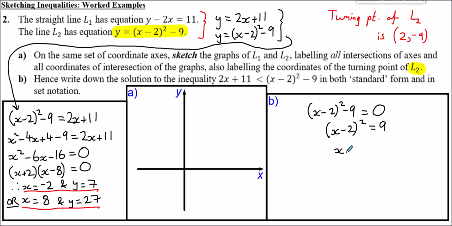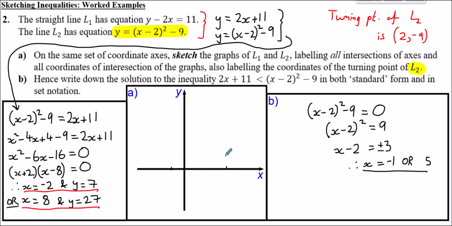Square root both sides. Square root of 9 is 3, but very importantly remember plus or minus. Therefore x, this is going to be intercepted where x is 2 minus 3, which is minus 1, or where x is 2 plus 3, which is 5. And so y equals (x − 2)² − 9 is going to have an x-axis intercept at minus 1 and at 5.